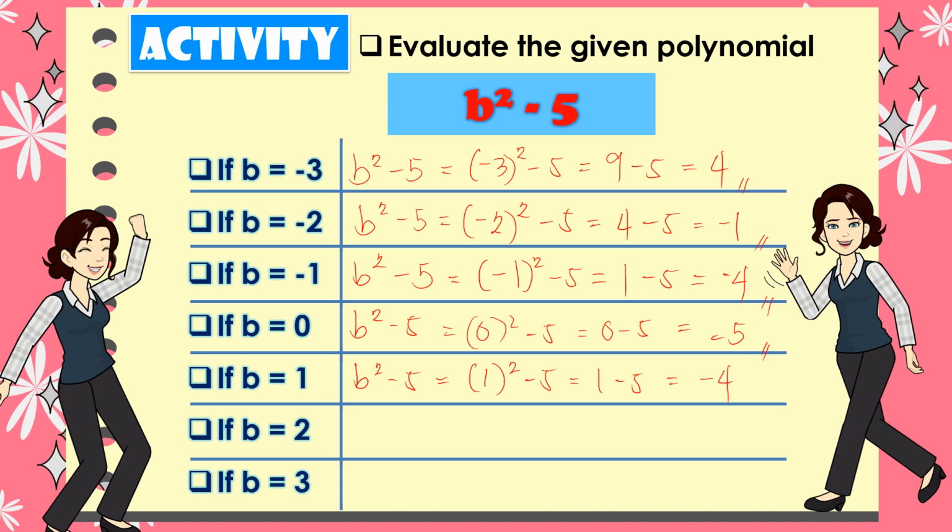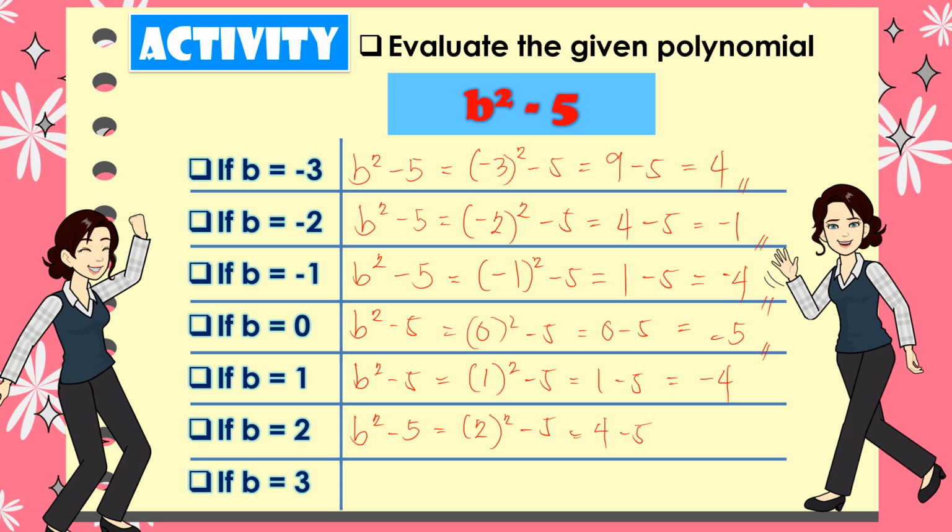Okay, next. b squared minus 5. If the value of b is 2, so plug in natin yung 2. So 2 times 2, we'll get 4. And minus 5, we'll get negative 1. Okay, how about b is equal to 3?